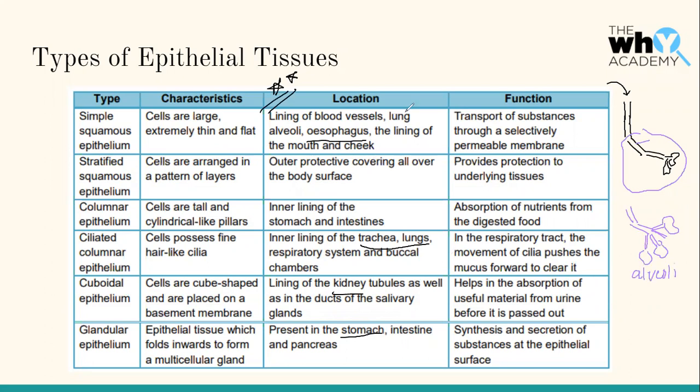So don't get confused just because it's written lung alveoli here. That does not refer to the complete lung. It refers to these balloon-like structures only, right? The lung itself is made of or surrounded by columnar epithelium, but this alveoli portion is simple squamous epithelium, right?